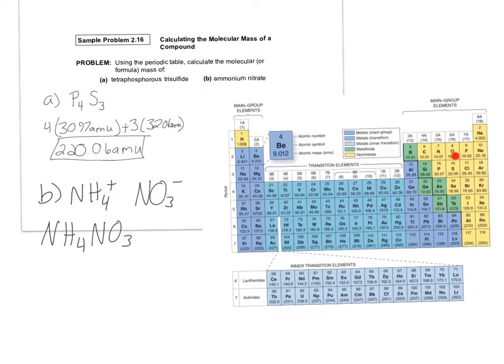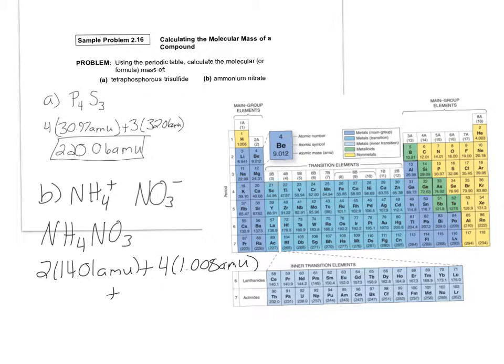If I look at nitrogen over here on the periodic table, right, it's 14.01 atomic mass units. And if I look at my formula here, I have 2 of those, right? I have 2 nitrogens. So I'm going to have 2 times 14.01 atomic mass units plus, I've got 4 hydrogens, so 4 times the atomic mass from the periodic table is 1.008 atomic mass units.